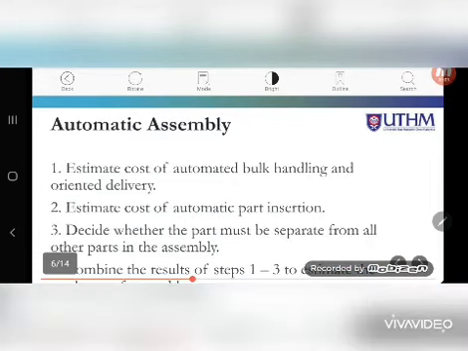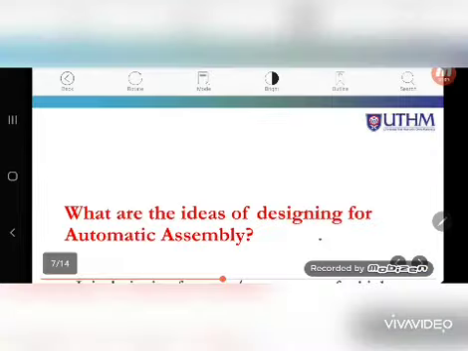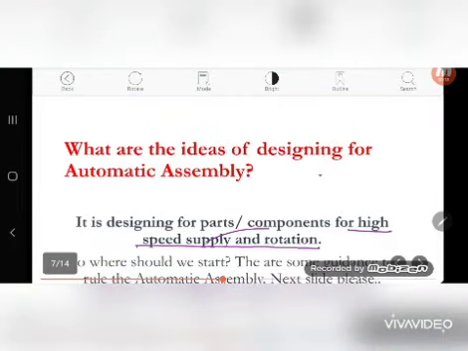Okay, we move next. You can read it. Good. What are the ideas of designing for automatic assembly?